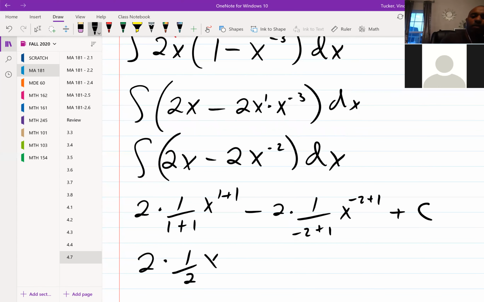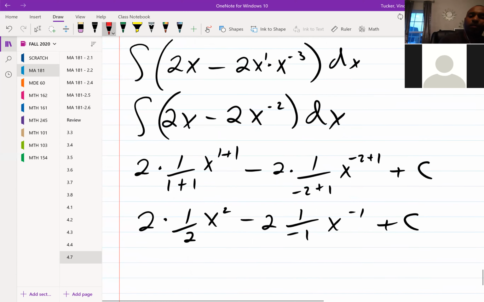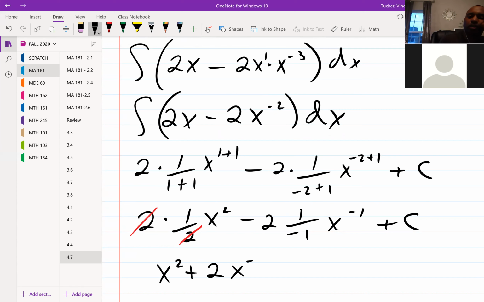That's 1/2 x squared minus 2 times 1 over -1, x to the -1 plus c. 2's cancel, so that's just x squared. And a negative times a negative turns positive, so that's plus 2 x to the -1st plus c.